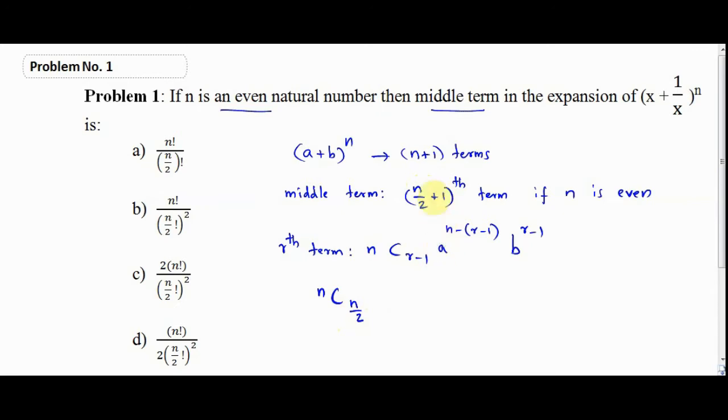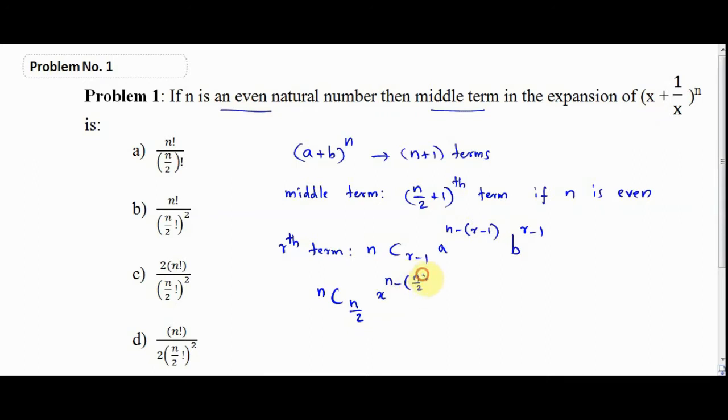In place of a, we have x. So x raised to n - (r-1). In place of r, we have n/2 + 1, so n/2 + 1 - 1 will be n/2 itself.